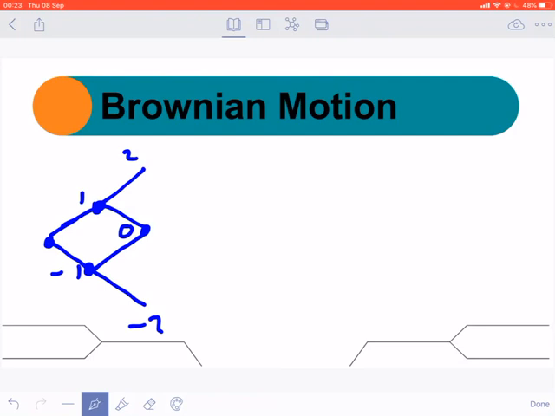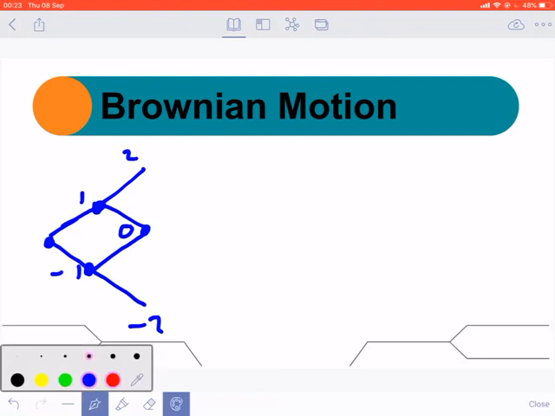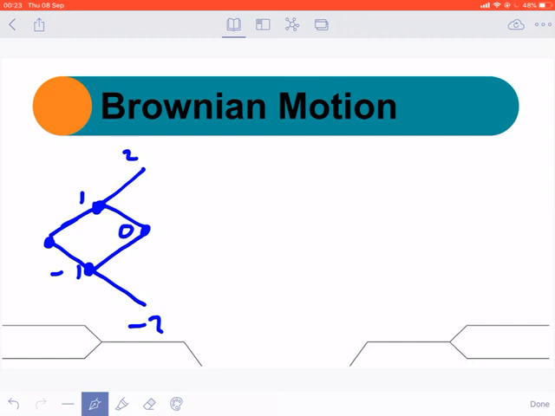So as you can see, now if we were to consider a random walk, let me try to change the color. A stochastic process can use this path, or it can take any other path, or it can just continue like this, right?